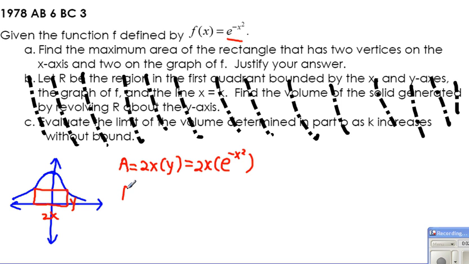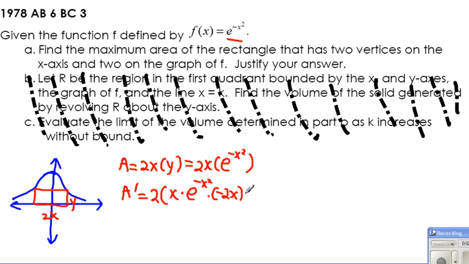Now as we take the derivative, A prime, we have to do the product rule. Here we have 2 times x times the derivative of this, which is e to the negative x squared times negative 2x.